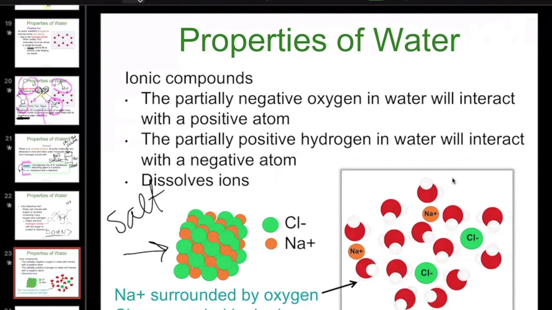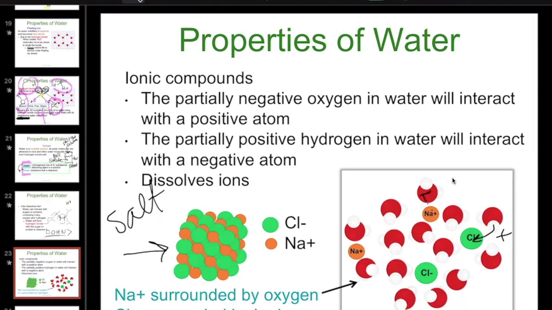But when you put that into water, the H's start being attracted to the chlorines, right? Because, oops, sorry, that's not it. The hydrogens are going to be attracted to the chlorine because the hydrogens are positive, and then the negative oxygens are going to be attracted to the sodium.